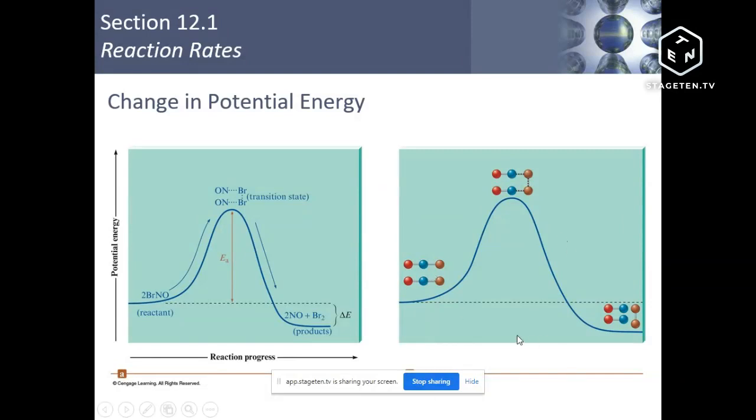For an exothermic reaction, the activation energy of the forward reaction is less than the activation energy of the reverse reaction. And again, favorability really doesn't tell you about reaction rate, but having a higher activation energy means the reaction might be less likely to be spontaneous.